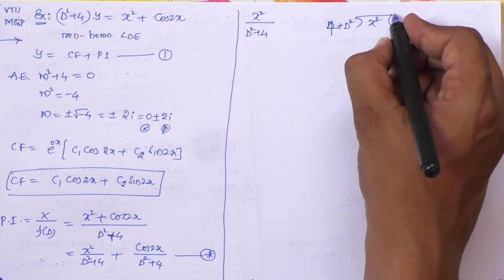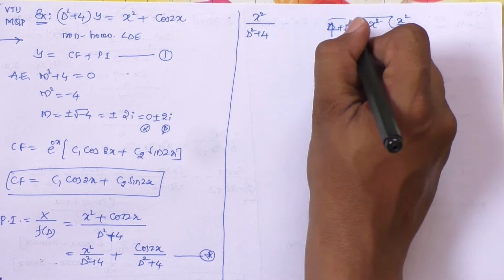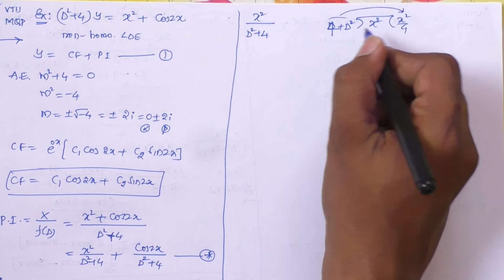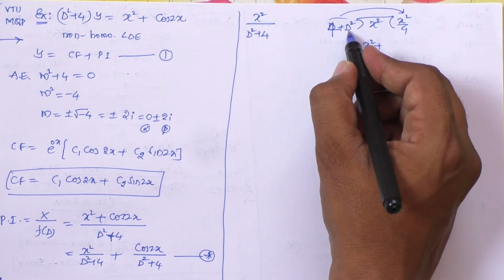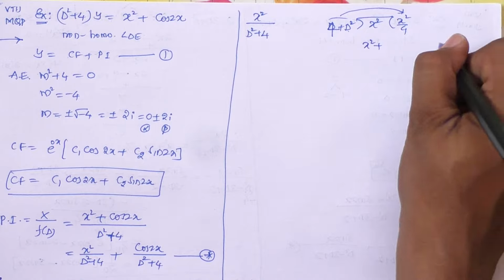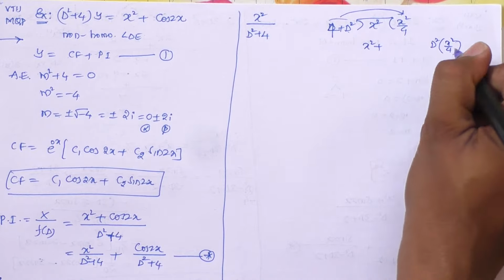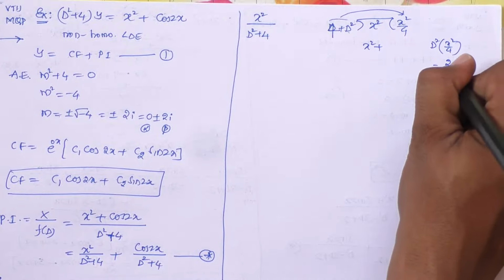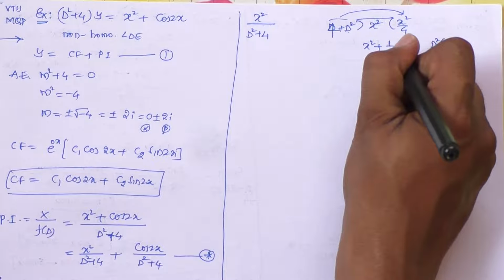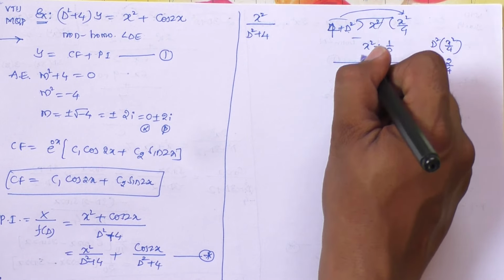So x square by 4, choose x square by 4. Now multiply: 4 into x square by 4 is x square, plus d square of x square by 4. d square of x square by 4 means differentiate twice: differentiate once 2x, another time 2 by 4, which will be 1 by 2. So 1 by 2.